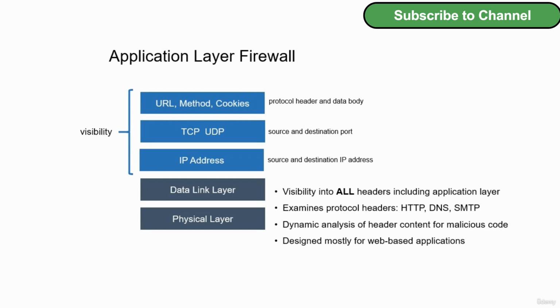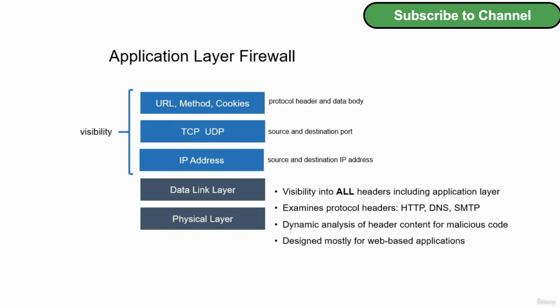It can look at URLs, methods, cookies, and do filtering based on that. And it can also do filtering based on TCP and UDP application ports, as well as source and destination IP address, as you would well imagine. So it has visibility into all layers, and it does, like I said, a dynamic analysis of the header content. And with the application layer, it's really looking for malicious code at that point.